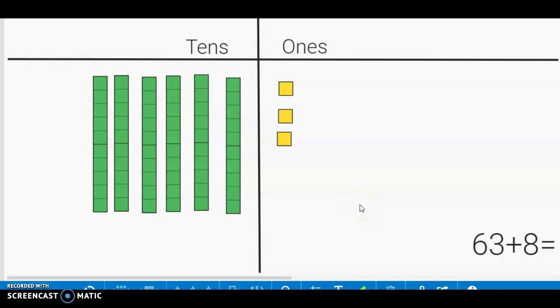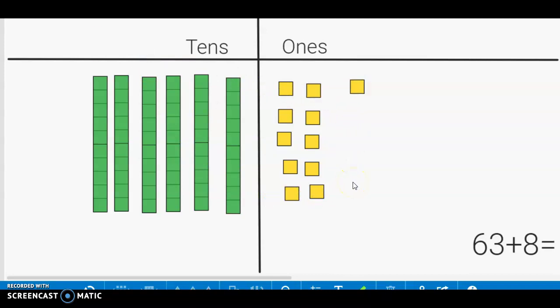Now, I want to add 8 to that. So I'm going to go ahead and drag 8 more ones to add to 63. And then see if you notice what happens and think about what we will have to do once I get all of the 8 ones.